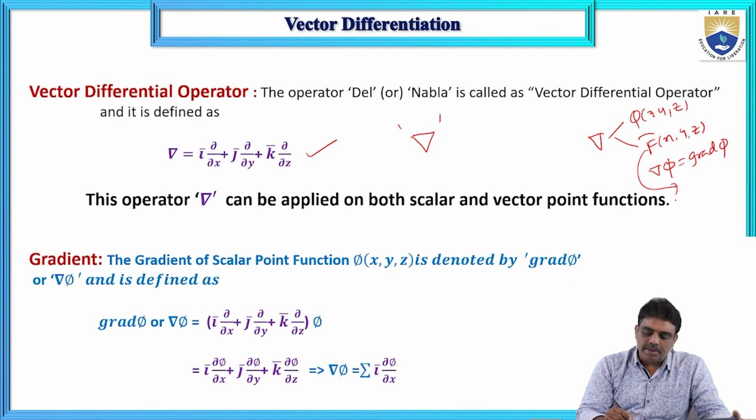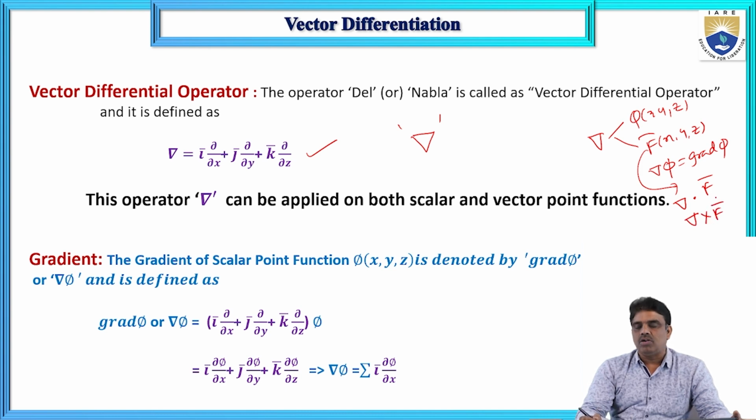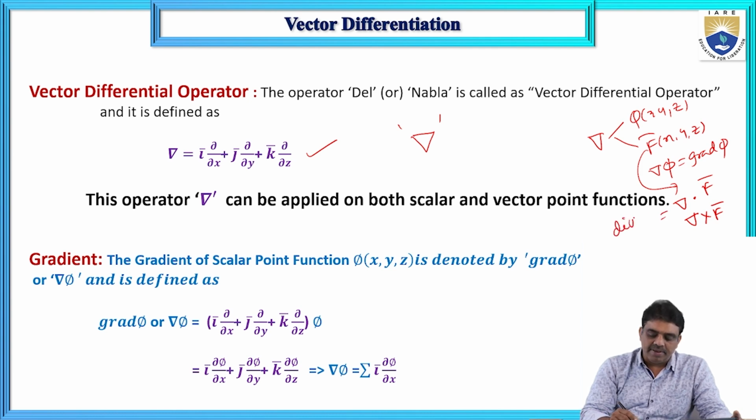If you apply del on a vector point function as a dot product, it is called del dot f bar, and as a cross product, del cross f bar. Del dot f bar is the divergence, and del cross f bar is the curl of the vector point function.